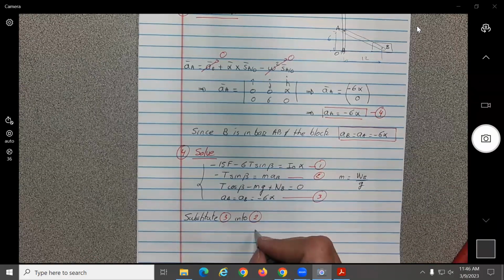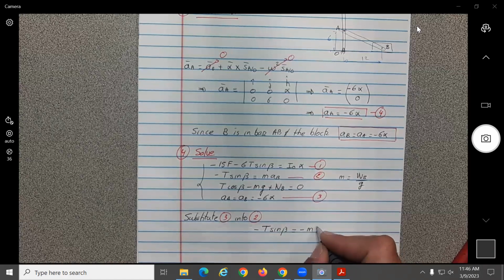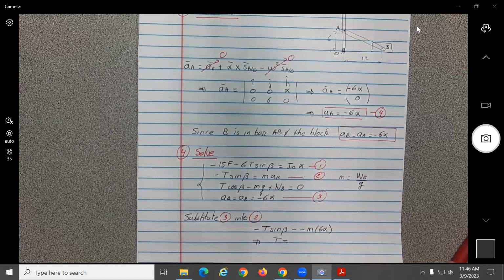We're going to have minus T sin beta equal to minus M 6 alpha, which means that T will be equal to 6 M alpha divided by sin beta.